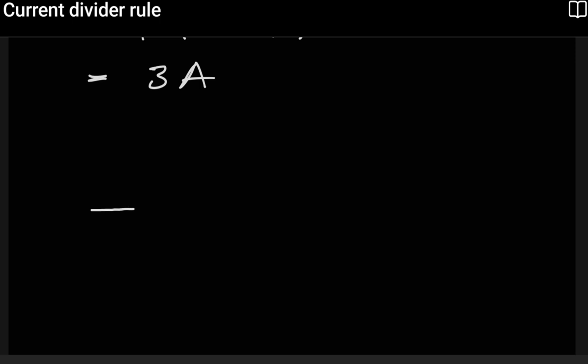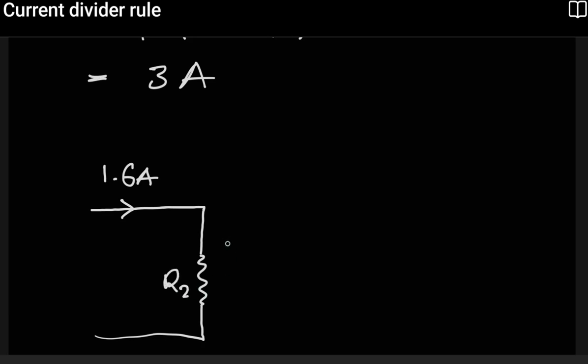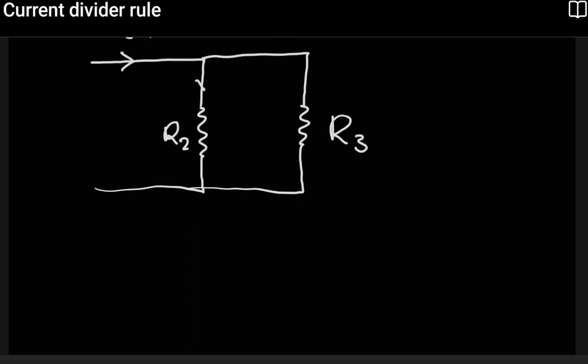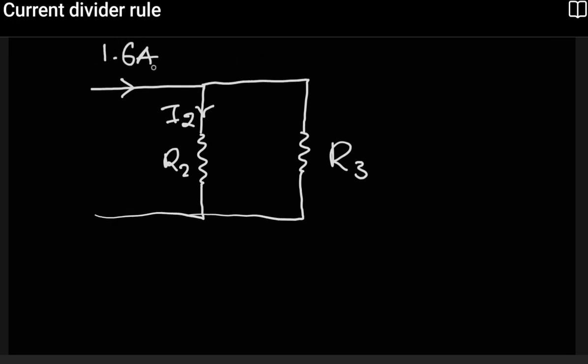So I'll write this only showing R2 and R3. So let's say this is the current coming from that point. So that 1.6 that was left is approaching R2 and R3. So in this case, to find I2, notice that what they'll be sharing is that 1.6.